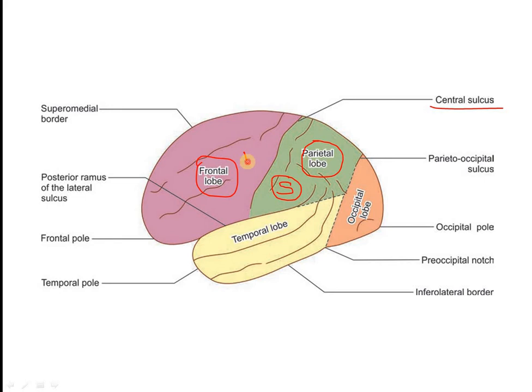The frontal lobe is motor in nature, so it is responsible for generation of the motor impulses, and the occipital lobe is responsible for collecting the visual information.